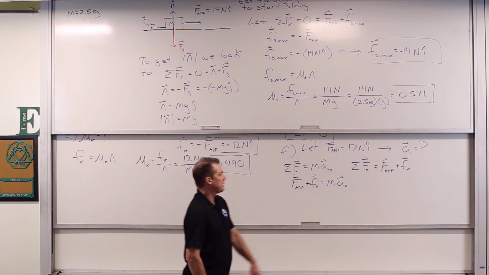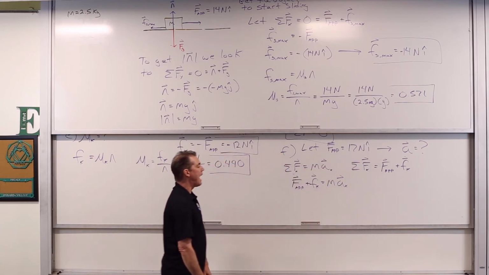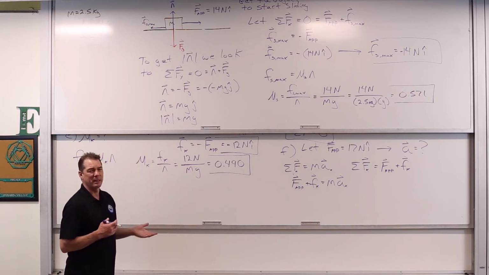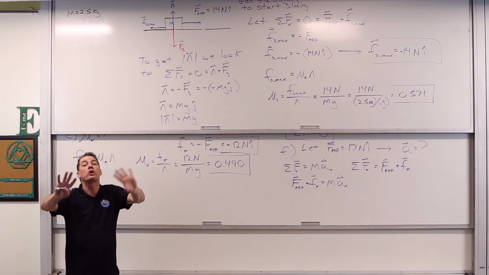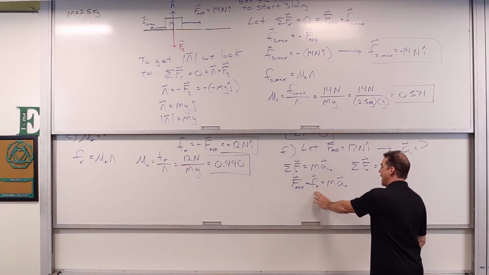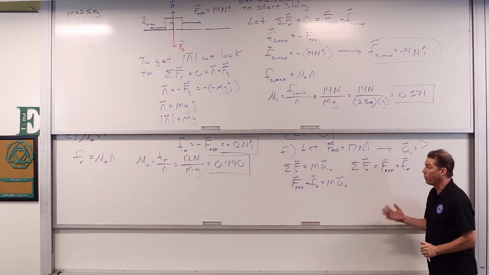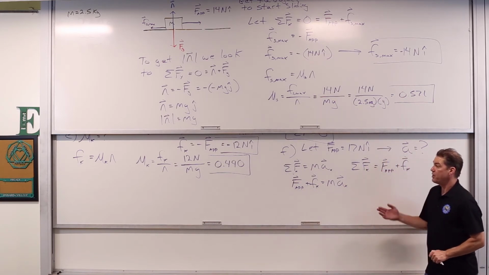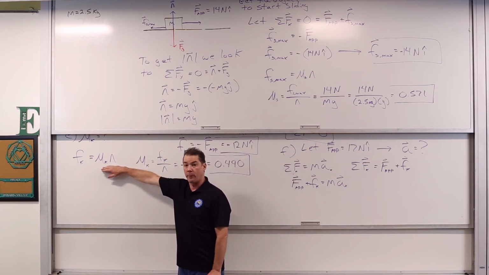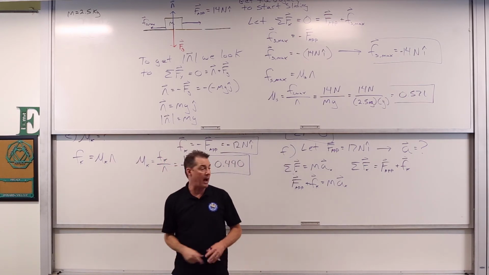We're told that F applied is going to be 17 newtons i-hat. Is F sub k going to be the same thing as before, or is it going to be something different? Well, let's just assume that something could change. So I'm going to write this F sub k i-hat in terms of what it really boils down to. F sub k is mu k times n in magnitude, and its direction is, in this case, negative i-hat.